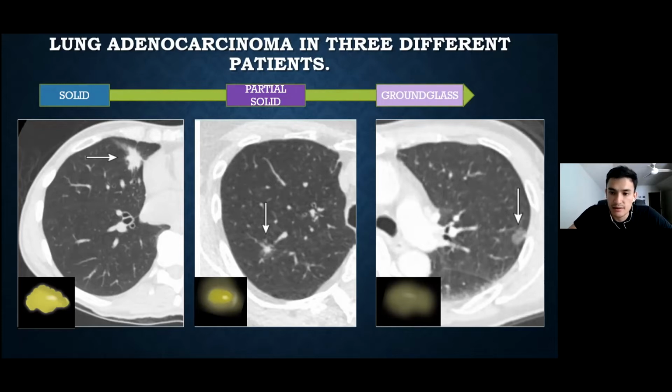And the third image is a pure ground glass nodule. So these 3 nodules are different ways lung adenocarcinoma can present. And lung adenocarcinoma is the most common lung malignancy that presents as a solitary pulmonary nodule.